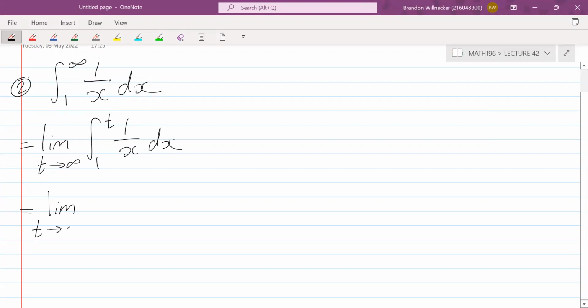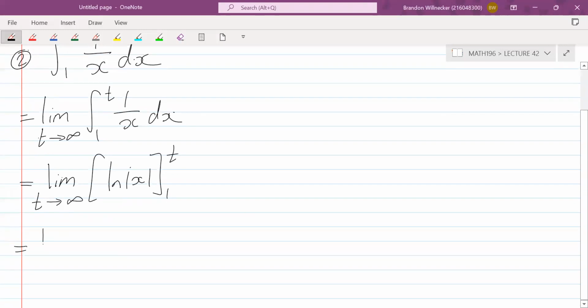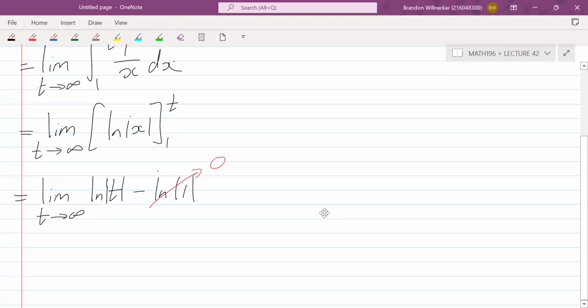So we have the limit as t goes to infinity. This is going to become the natural log absolute value of x from 1 to t. This is equal to the limit as t goes to infinity of the natural log of t in absolute values minus the natural log of 1. But the natural log of 1 is just 0, so that goes away. Now, with the natural log, if t gets bigger and bigger, the natural log also gets bigger and bigger.